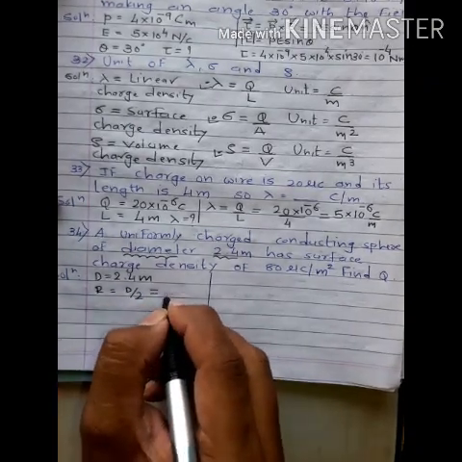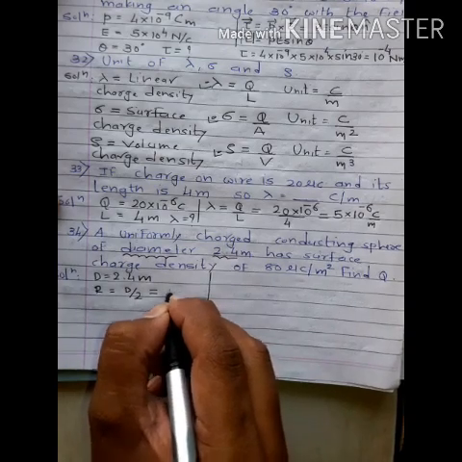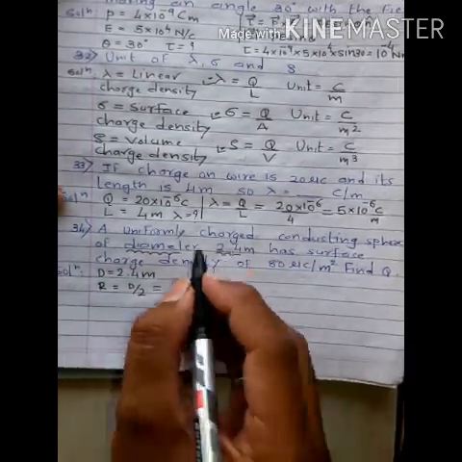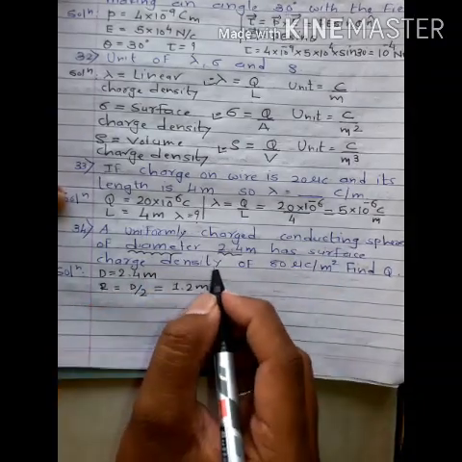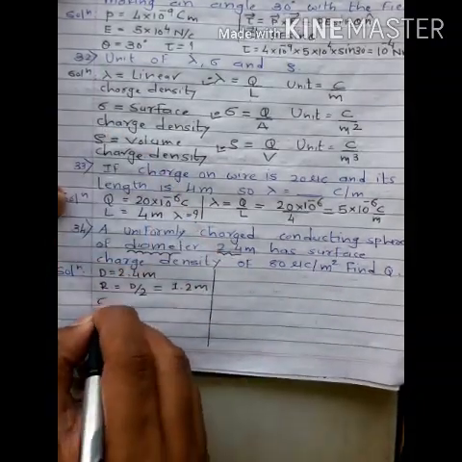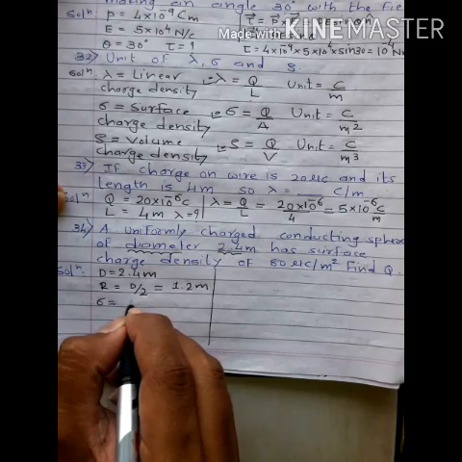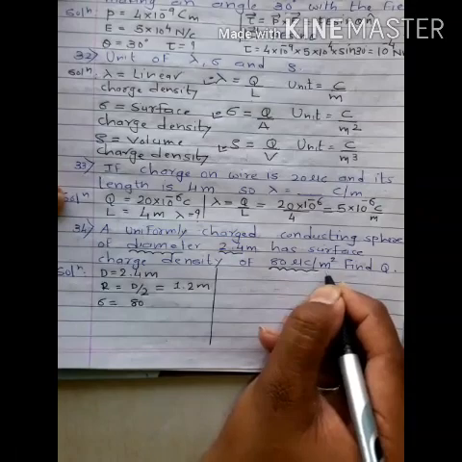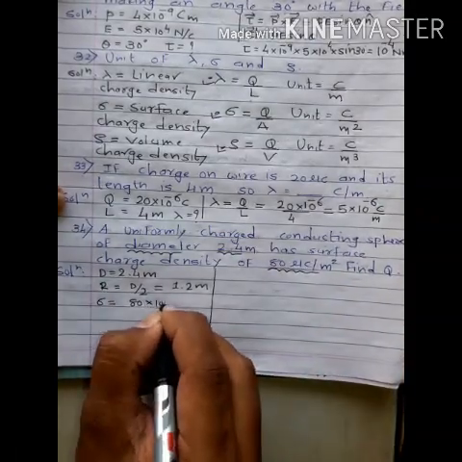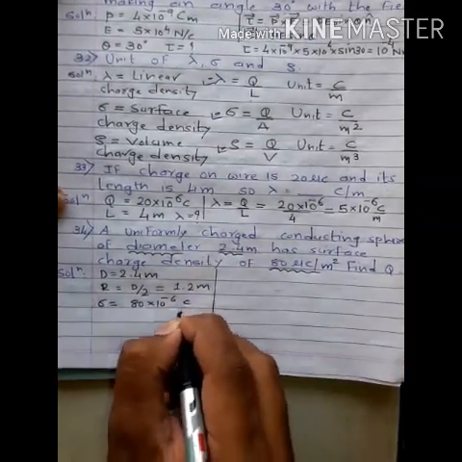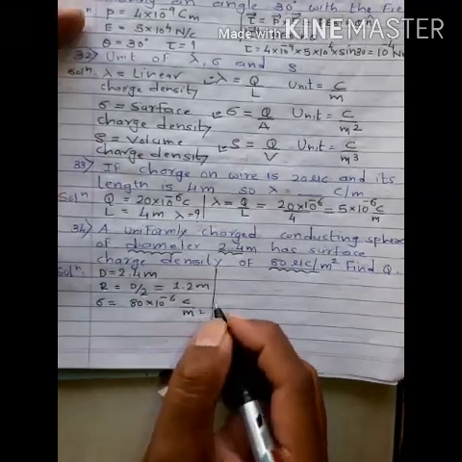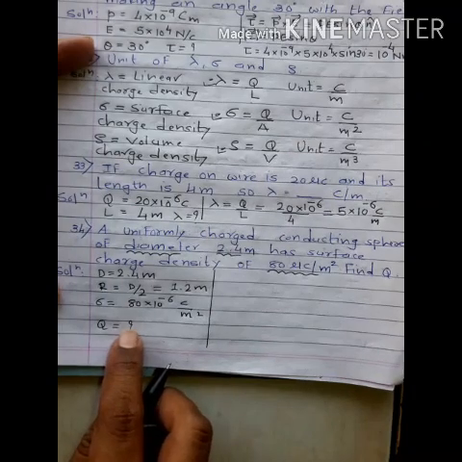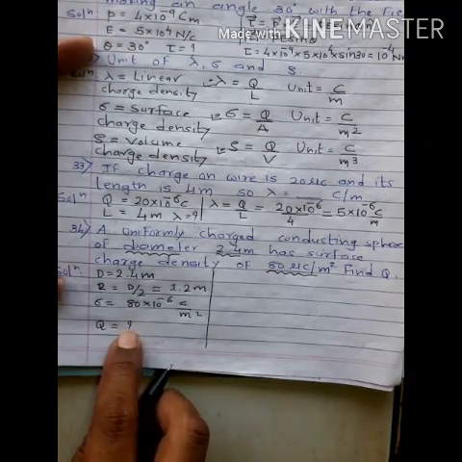So what is value of radius? 2.4 by 2, 1.2 meter. Yes. Has a surface charge density. Surface charge density means sigma. So sigma is given 80 microcoulomb per meter square. Micro means 10 raised to minus 6 coulomb per meter square. Find Q means charge on the surface of conducting sphere.